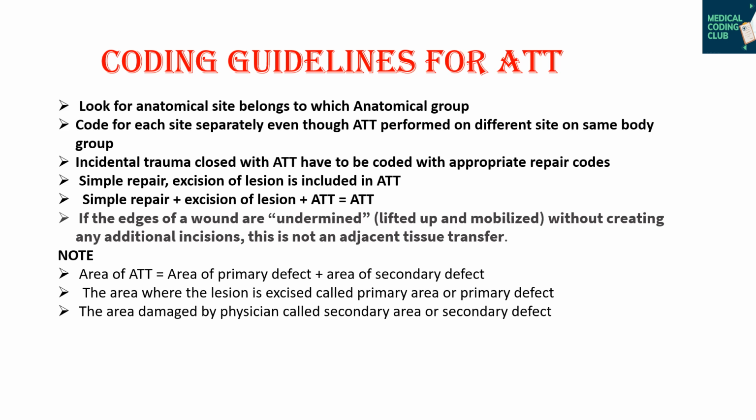It will lead to some other series of codes. You also have to know that the area of ATT means the area of the primary defect and the area of the secondary defect. The area where the lesion is excised is called the primary area or primary defect, and the area damaged by the physician is called the secondary area or secondary defect. Everyone should know this.